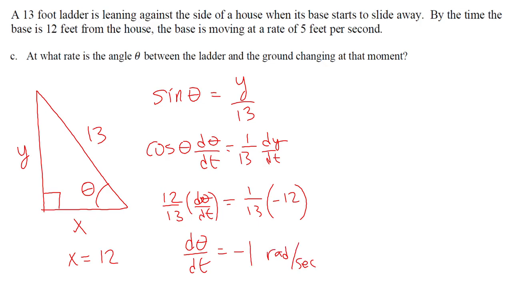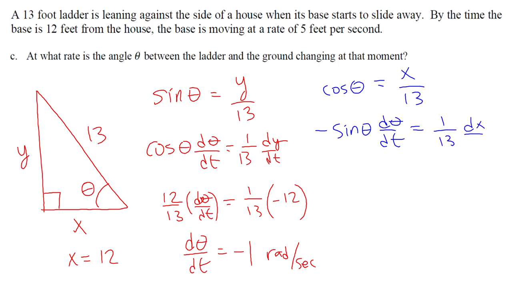And we could see that if we did this, let's say, using cosine of theta instead of sine of theta, we have cosine theta is equal to x over 13, or negative sine theta d theta dt is equal to 1/13 dx dt. And when we plugged in our values, the sine of theta would now just be y over 13, right?